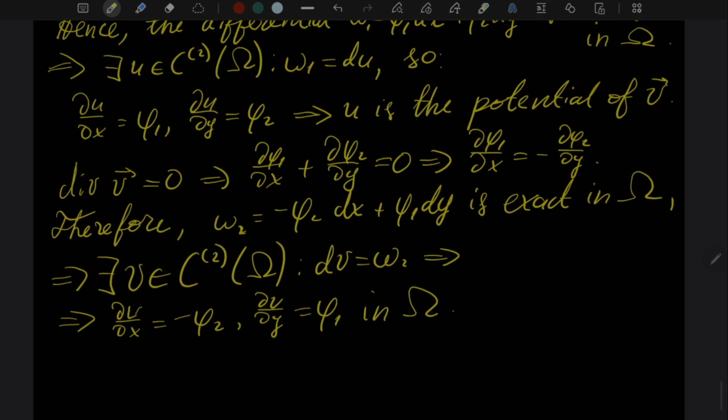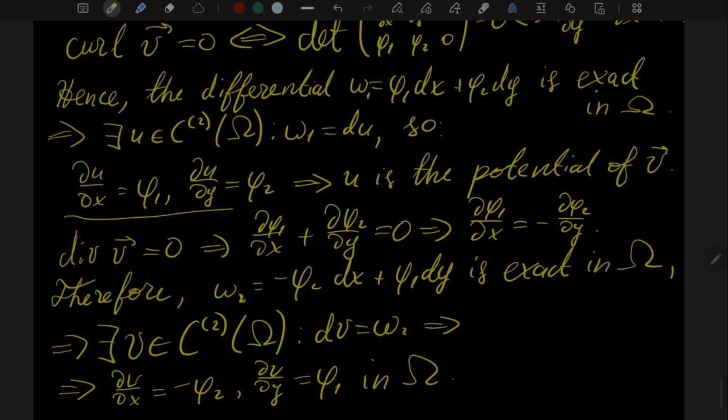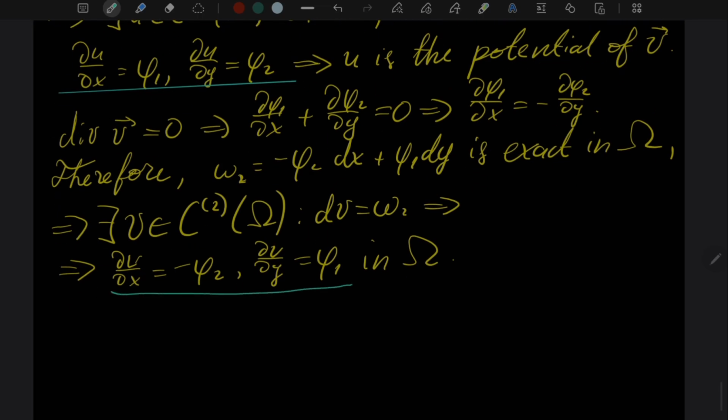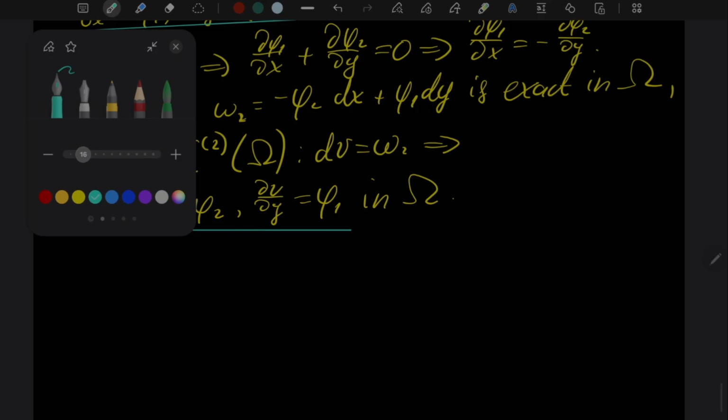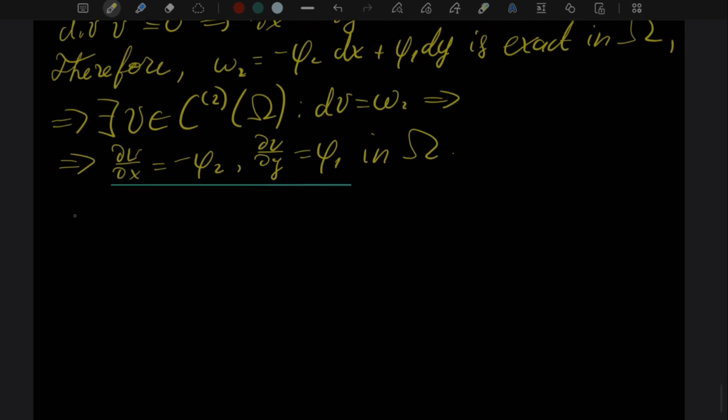Okay, and if we look a little bit higher, here and here, then we can see quite clearly that u and v satisfy the Cauchy-Riemann equations, and hence f is analytic in omega.